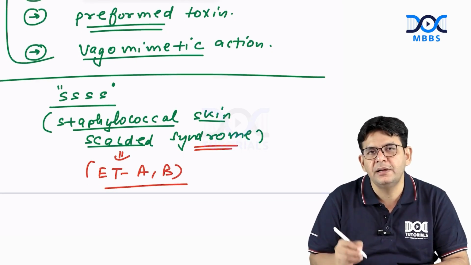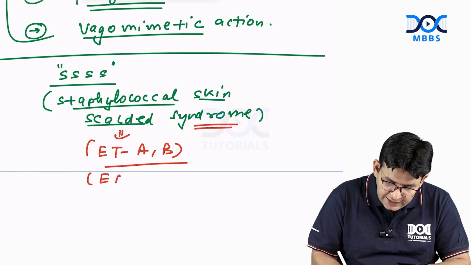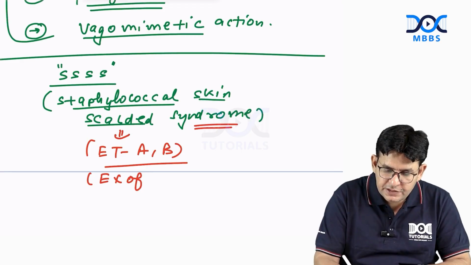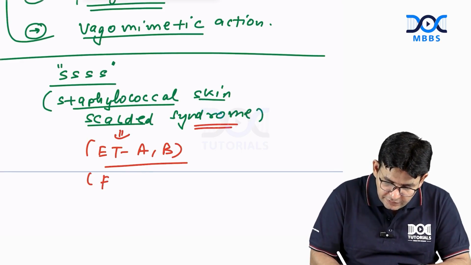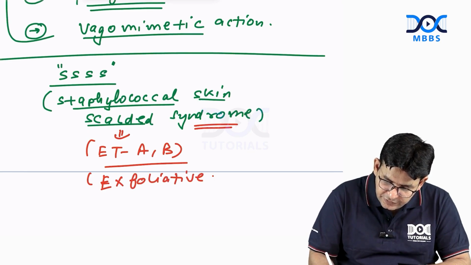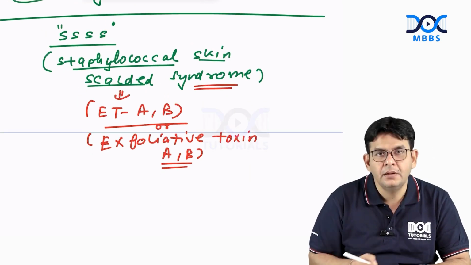It is due to what? The toxin A and B, also termed as exfoliative toxin A and B. Exfoliative toxin A and B or the toxins A and B, they are the same thing. Is it fine?